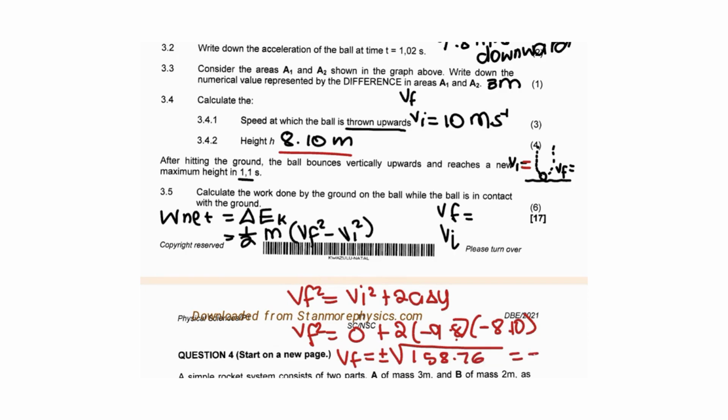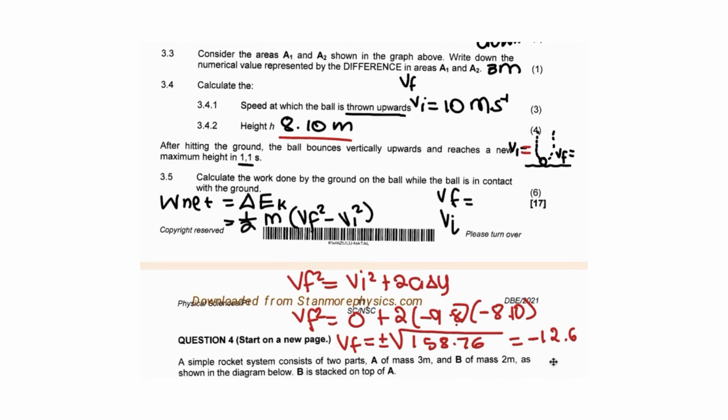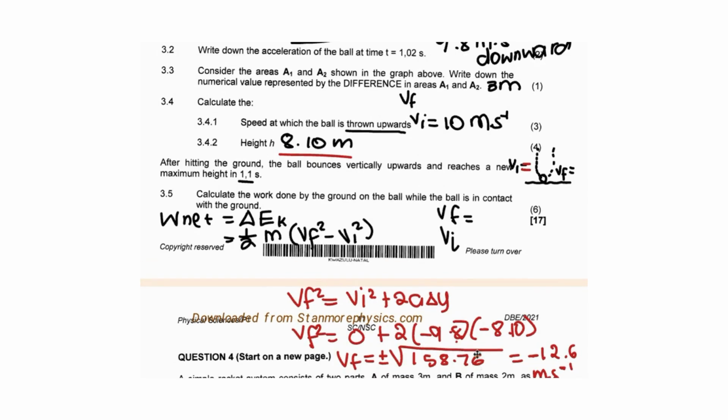The answer is going to be negative 12.6, because if it's plus or minus, it means I'm choosing, so it's going to be negative 12.6 meters per second. So that is the V final.